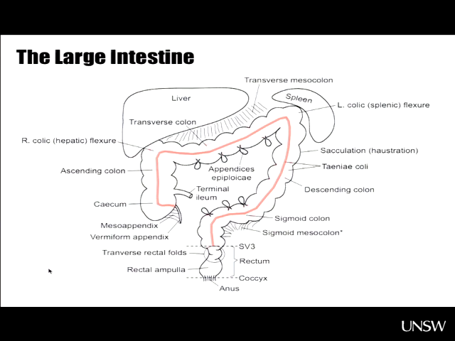And what that means is you've got this long loop of sigmoid colon that can twist around its axis. And that's not good. When it twists around the axis, first of all you obstruct the passage of contents through the bowel. But what's more significant is that you can occlude the venous return and the arterial supply, principally the venous return, from the bowel.